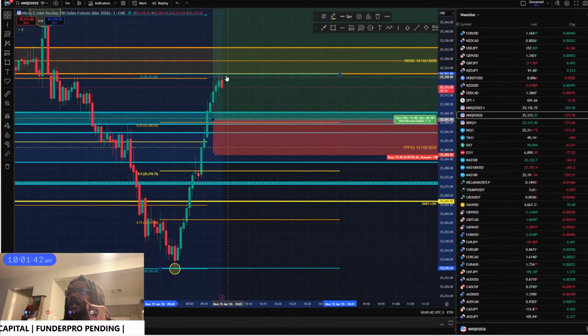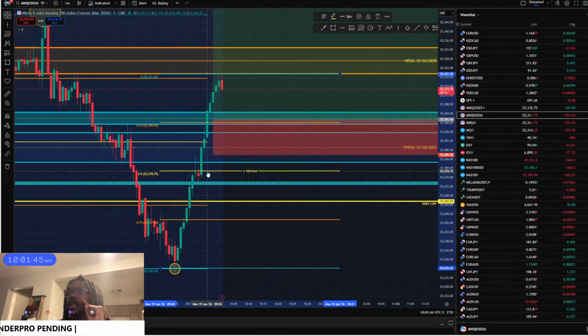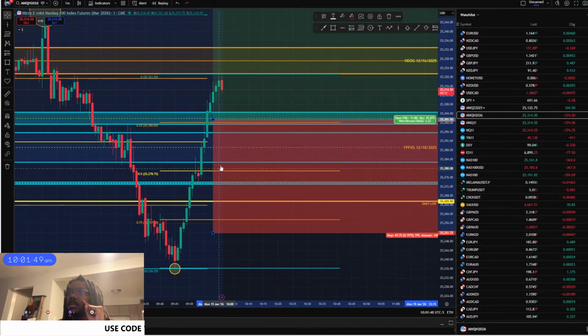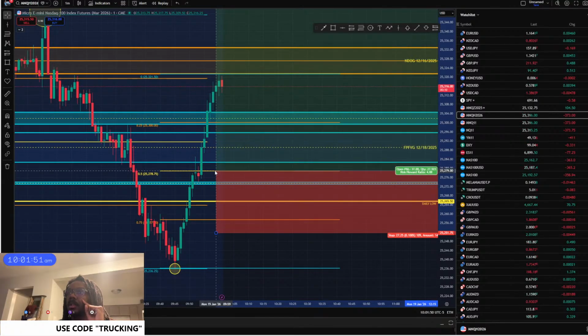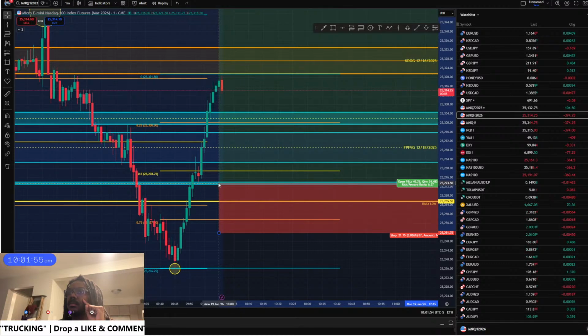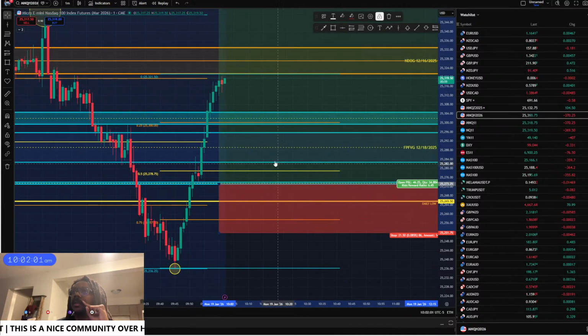All right, we need to wait for at least a swing high. And if this swing high is going to be the swing high, then we need to be trying to get in all the way down here somewhere and have a stop loss super tight and see if we can ride it back up. That's if the market even wanted to come and pick us up.